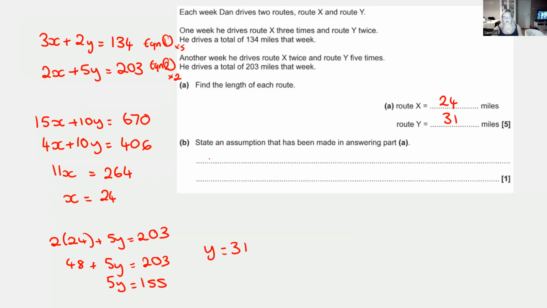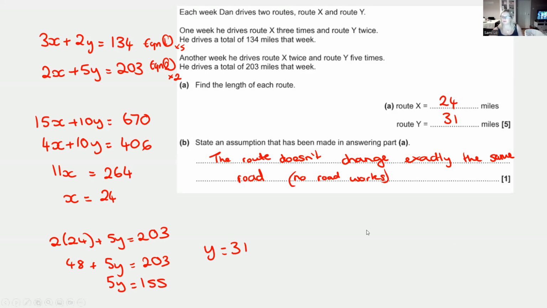My assumption would be that the route doesn't change, or he's taking exactly the same roads, because even though he's taking a different direction, like route x and route y, just making sure that he hasn't gone off it, like there wasn't any roadworks or anything like that. Something along those lines, just to know that he has gone exactly the same route.